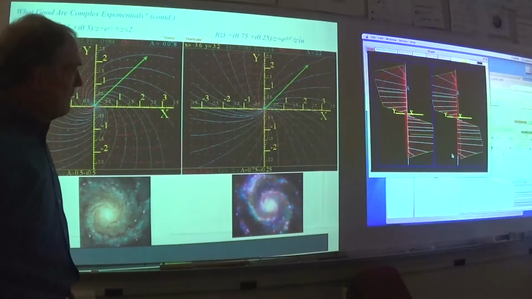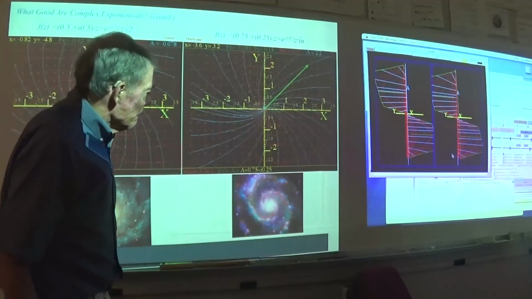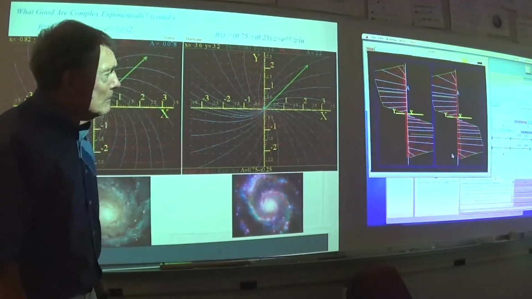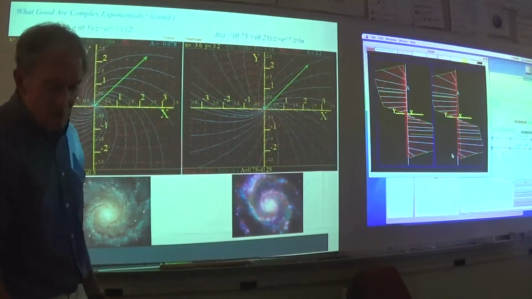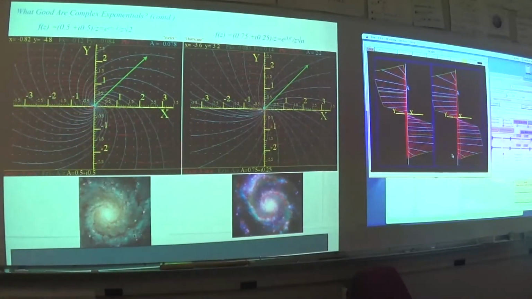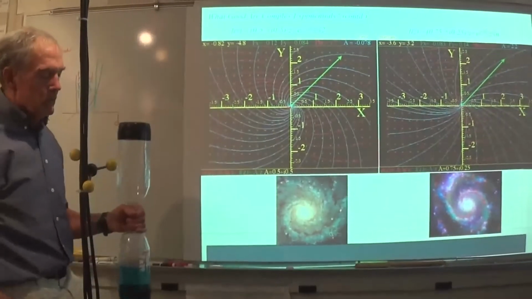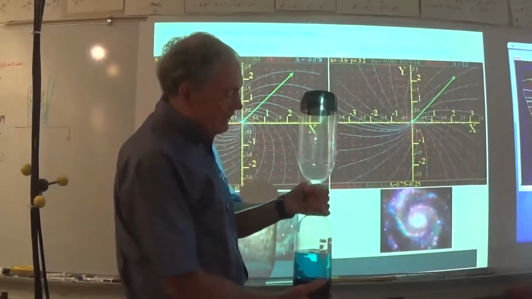So this is something that's worth looking at. Now, at this point, it would probably be a good idea for me to mention something else that I've given you as a problem, and this is a funny representation of a tornado.